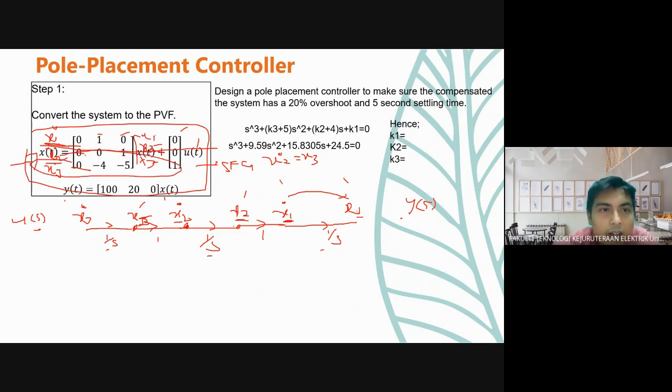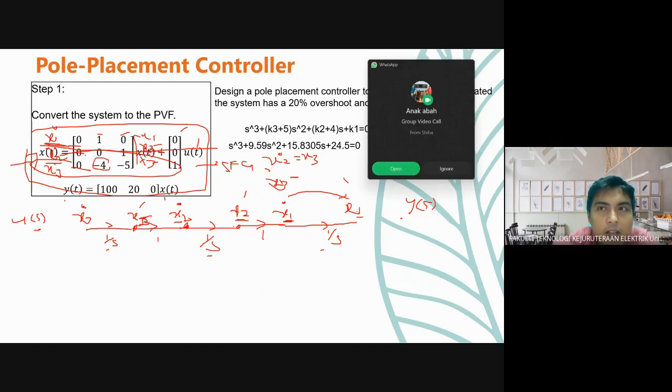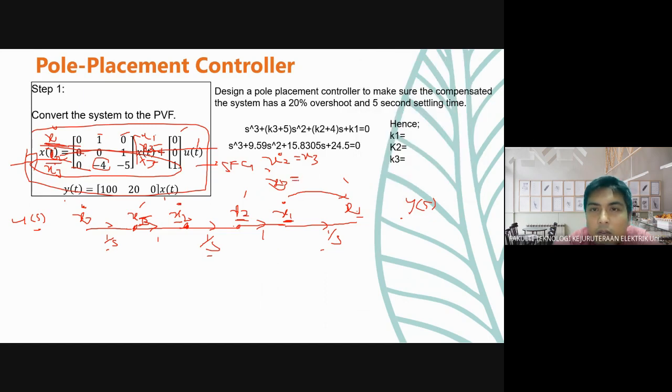So if we write down the equation of the x3 dot here, you get negative 4 x2, and then plus negative 5 x3, so minus 5 x3, and plus 1 multiplied by u, you get u.